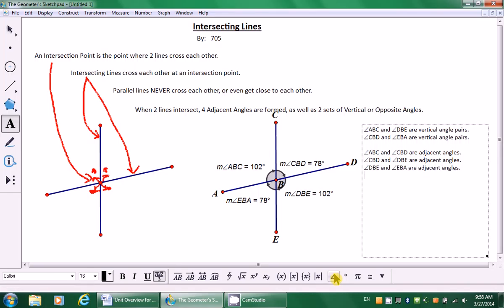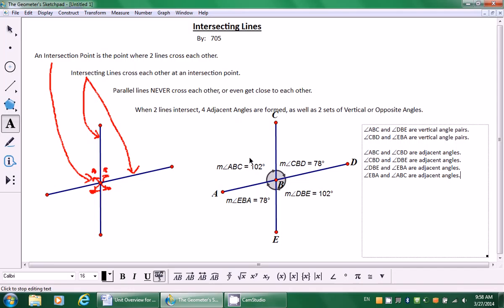And now let's look at the relationship between angle EBA and angle ABC. Again, they are next to each other. They share a common line segment, so they are also adjacent. Angle EBA and angle ABC are adjacent angles.